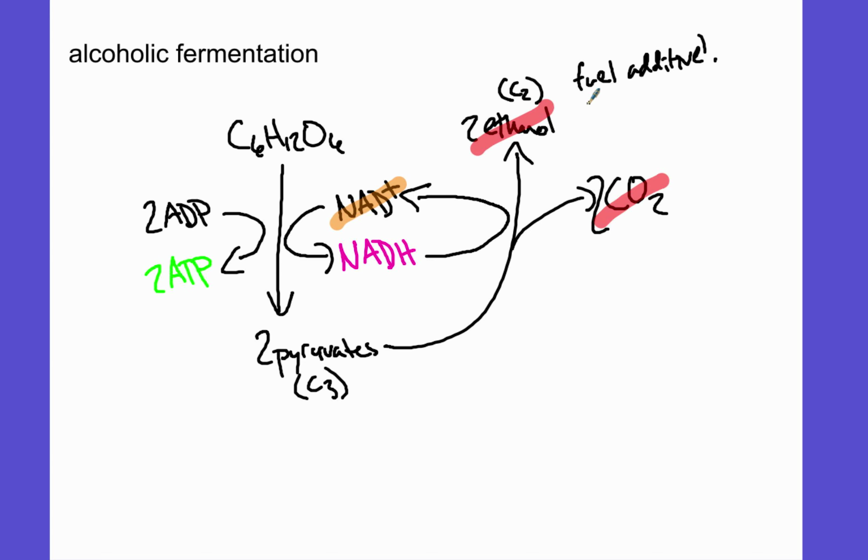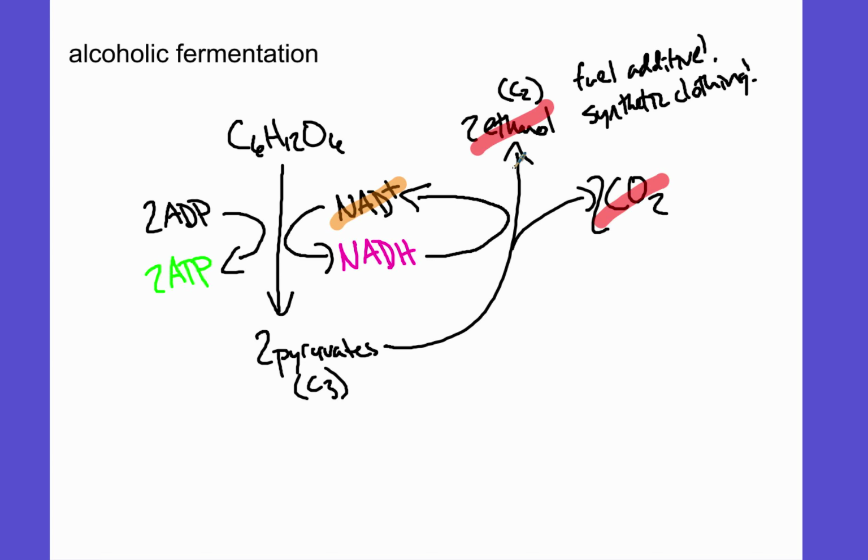You also are wearing synthetic clothing, probably. And that can only be made using these 2 carbon molecules as a carbon source, right? You're going to make these polymers, these long strands, these big molecules that are actually going to come from ethanol ultimately.